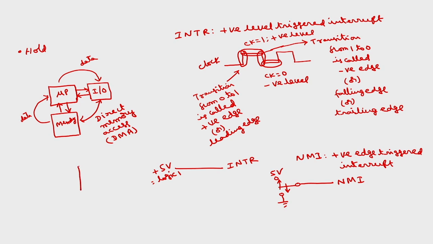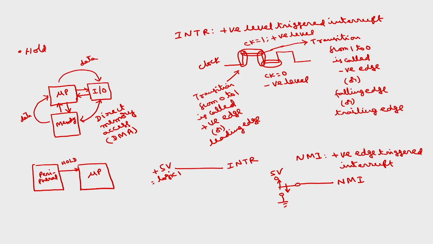So, if any peripheral device wants to make a DMA data transfer, this is the microprocessor, and this is any peripheral, either memory or IO. First it has to take control of the address and data buses of the microprocessor. For that, the peripheral will request the microprocessor through a signal called the hold signal.